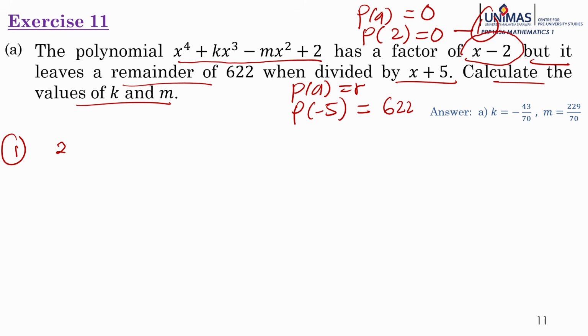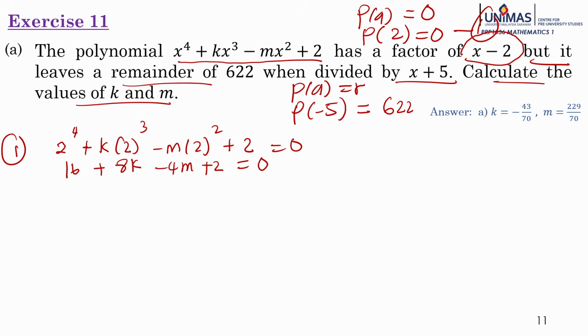So 2 to the power of 4 plus k 2 cubed minus m 2 squared plus 2 equals 0. You get 16 plus 8k minus 4m plus 2 equals 0, and then 8k minus 4m equals negative 18. Simplify, you get 4k minus 2m equals negative 9. So that is the first equation.